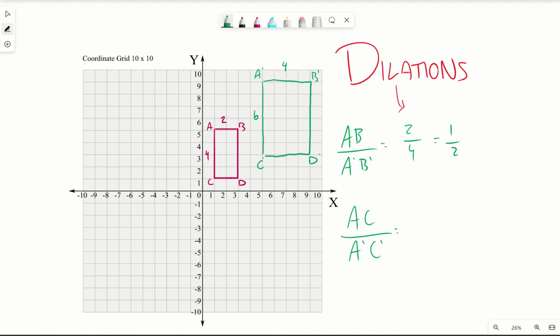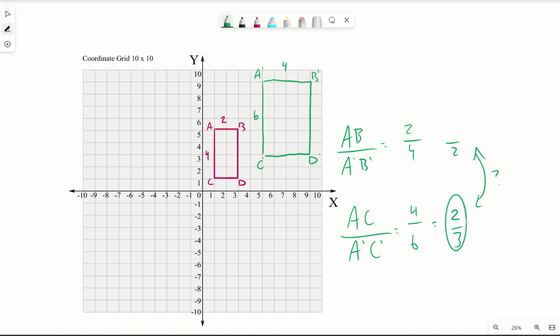AC is 4 over 6. That equals 2/3. Are 1/2 and 2/3 the same? No. So this is not a dilation. This is not a true dilation because these aren't the same. Okay, so that's how we can tell if something is a dilation.